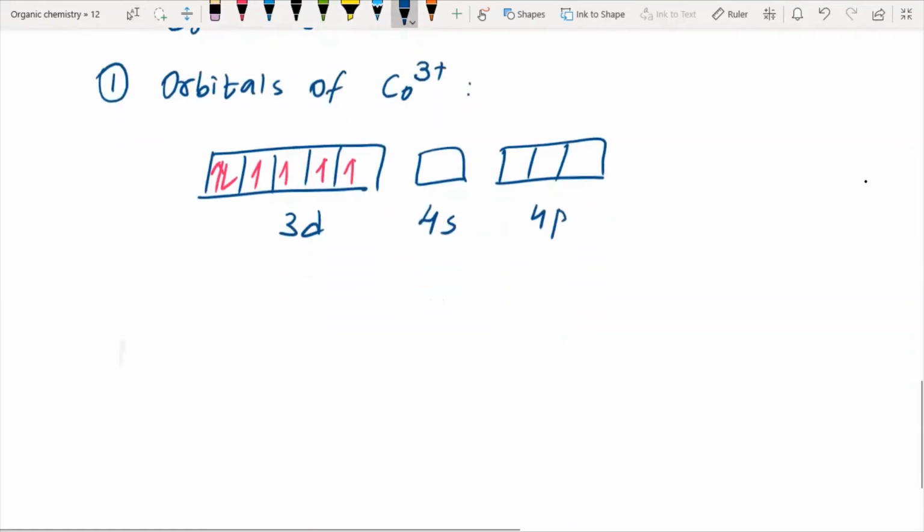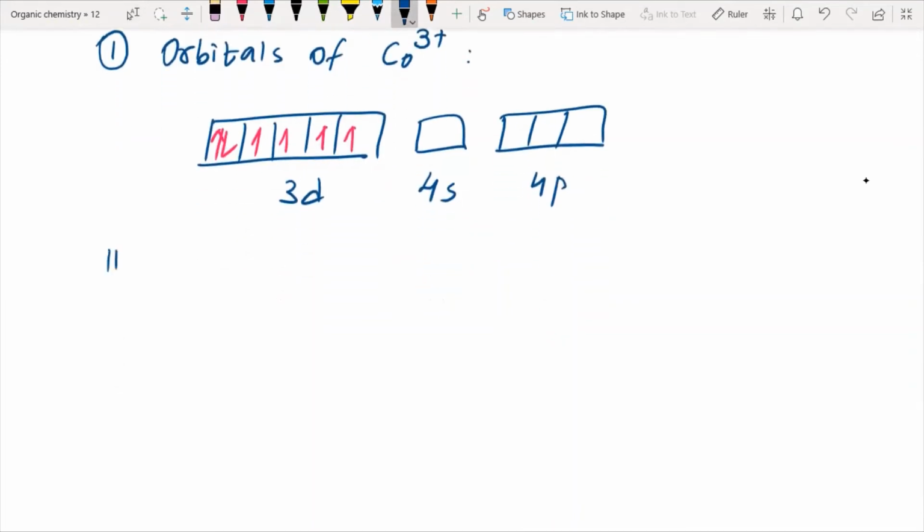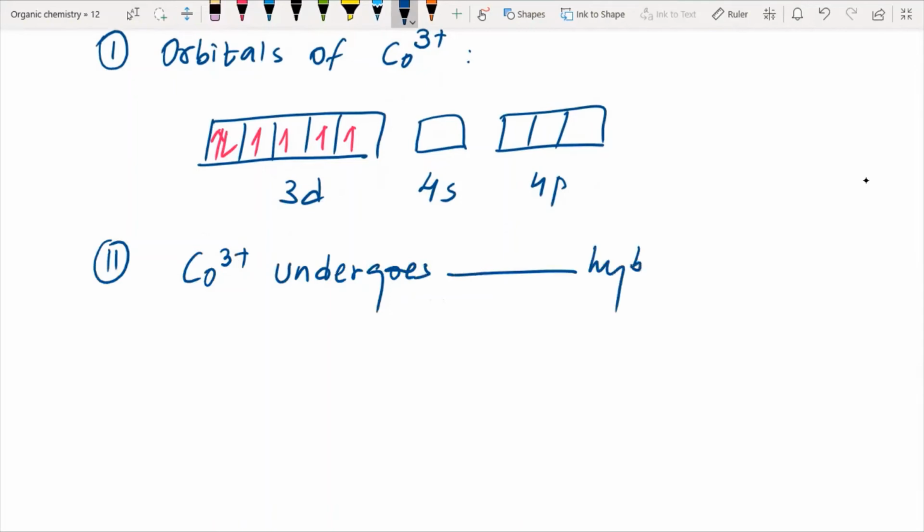The second point is very important, which is about hybridization. We can write that Co3+ undergoes dash hybridization. We'll try to find this out, and how we actually get it depends upon the ligand, whether it is a strong field ligand or a weak field ligand.